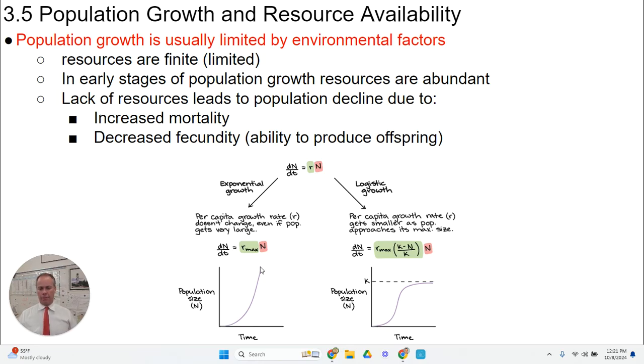Another model of population growth adds in some more complexity. This is called logistic growth. We still include the population size and we include the reproductive rate, but we have an additional factor. And this additional factor is the carrying capacity, K, minus the population size, divided by the carrying capacity.